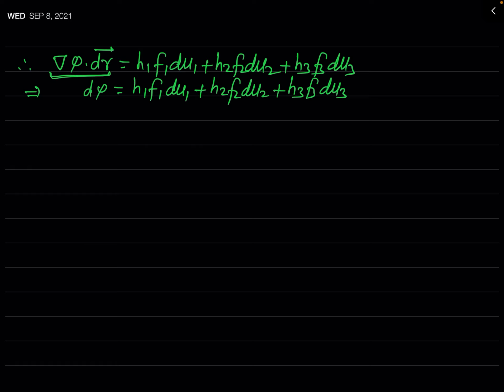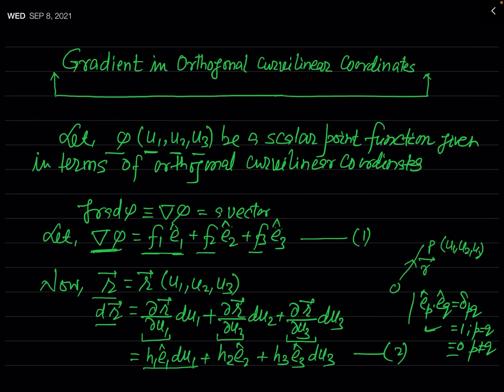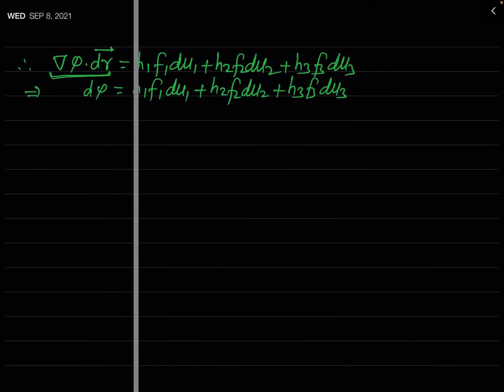You can see ∇φ dot dr is simply equal to dφ. And let us say this is your equation number 3.